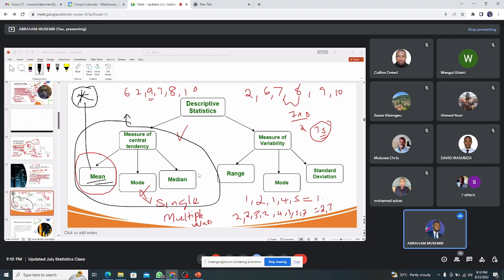So with that, we can't use mean only to make decisions, because it is majorly affected by outliers. That's the major drawback of using mean.